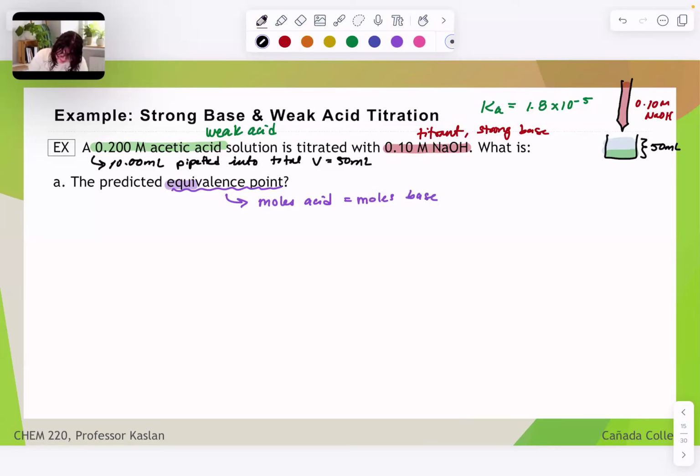Now, what does this mean for us in the context of this titration?